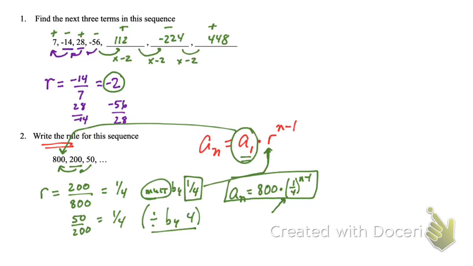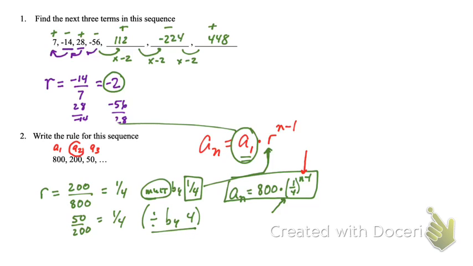Now again, a little further explanation on why this is n minus 1. Well, it has to do with how many times you're going to multiply. So let me clear all this off. 800 is your first number, 200 is your second, and 50 is your third.